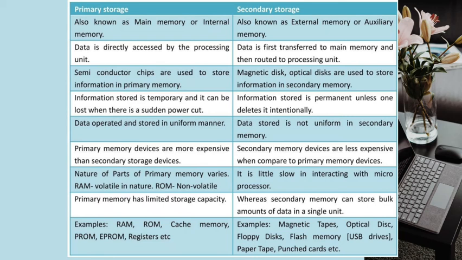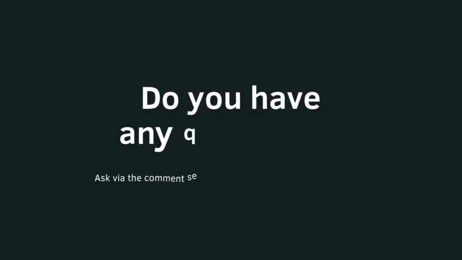In primary memory, data is lost when power is switched off, while in secondary memory, data is permanently stored even if power is switched off. In primary memory, a computer cannot run without it, while a computer can run without a secondary memory. Primary memory is a working memory of the computer, while the secondary memory is used for storage.